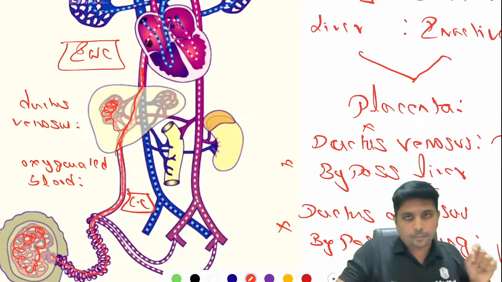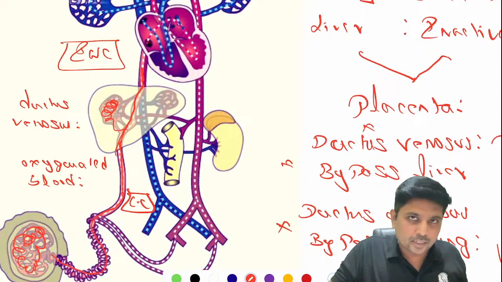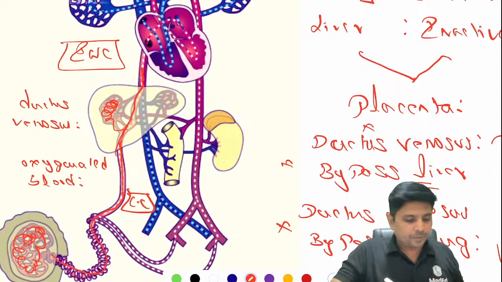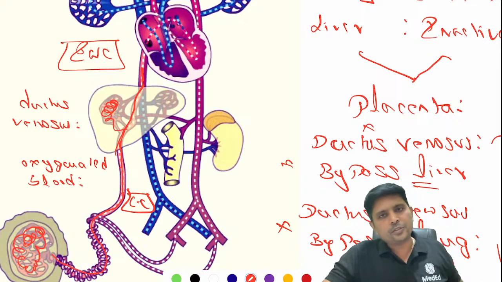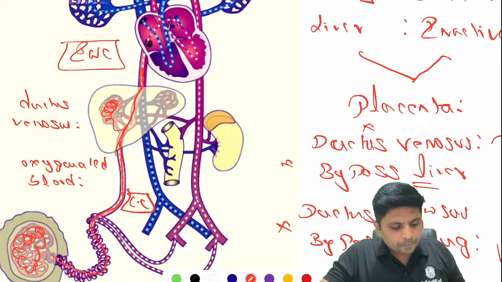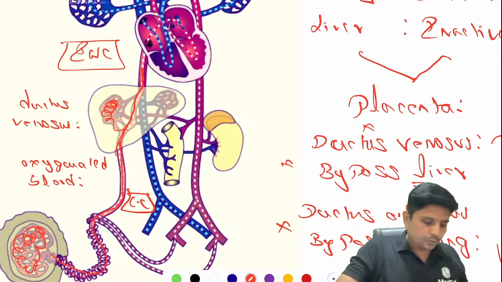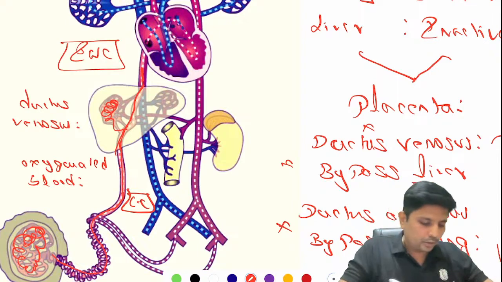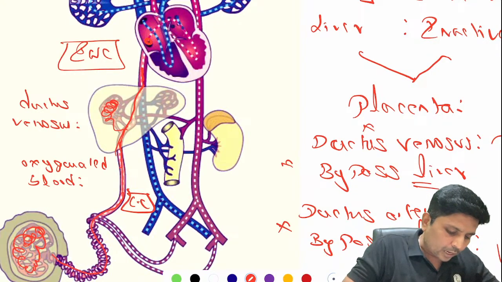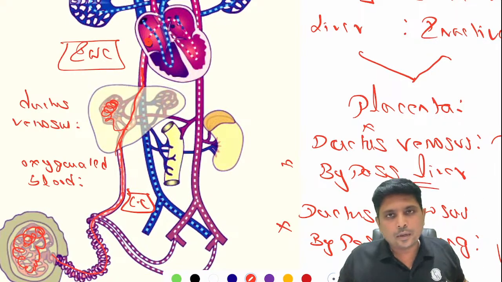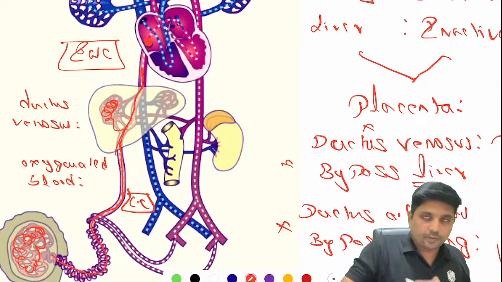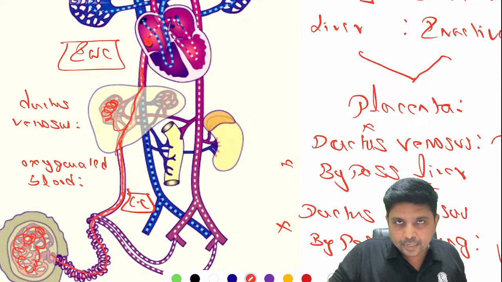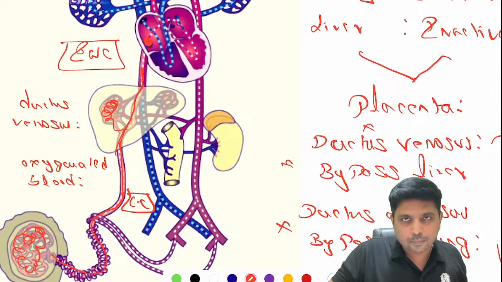The umbilical vein receives pure oxygenated blood from the placenta, whereas the inferior vena cava also carries deoxygenated blood from the lower limbs. But the majority of the blood that the inferior vena cava drains into the right atrium is oxygenated.